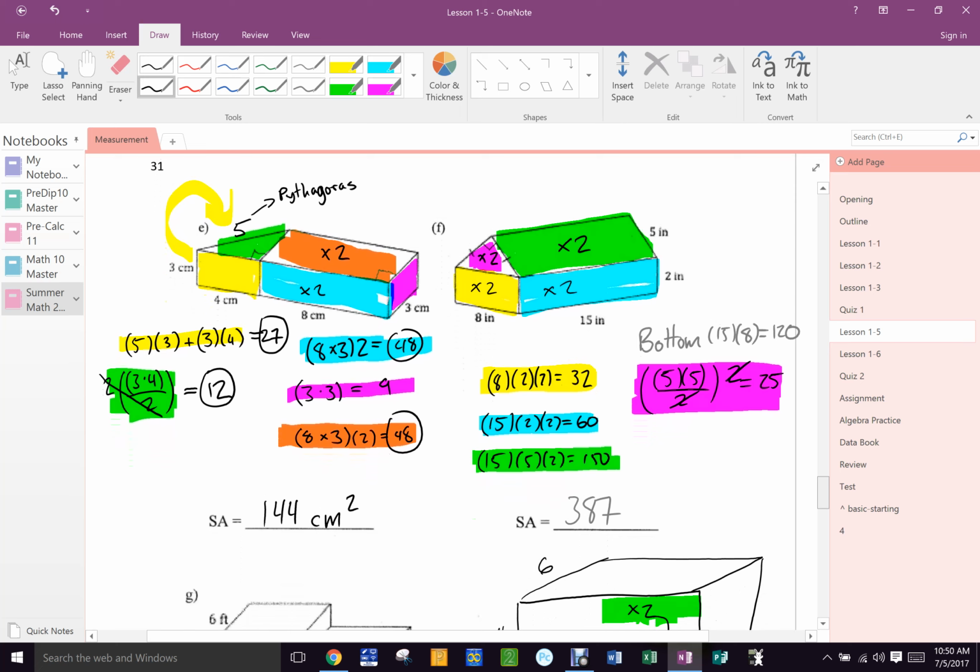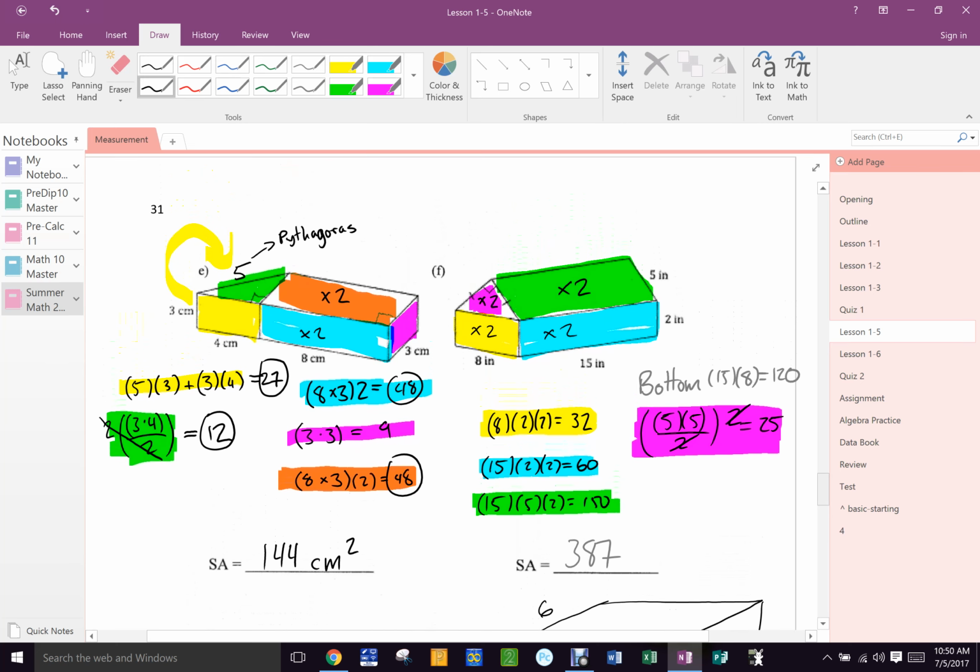Now, page 31, E and F. I've used colors to try and help. So, actually, it's probably easier if I just sit down here. So you will notice that in this one, I need this yellow rectangle and the yellow rectangle that's right on the front, correct? So I highlighted them yellow. This one's easy, 3 by 4.